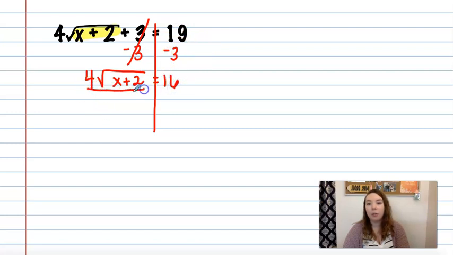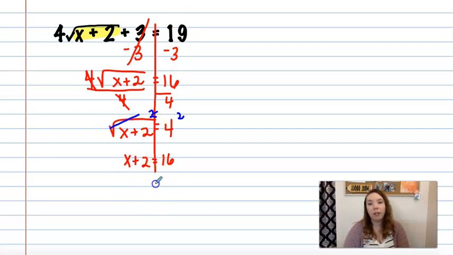Then I'm going to divide by 4 on both sides to get rid of this 4, which is 4. Now at this point, since my radical is isolated, I can square both sides, which will leave me with x plus 2 equals 16. And then the very last step to finish this out is to subtract 2 from both sides. So we get x equals 14.